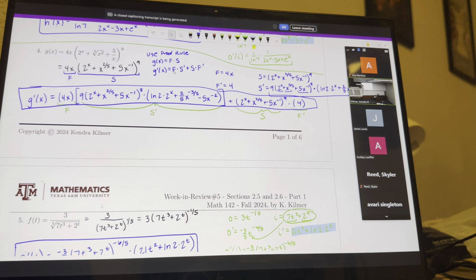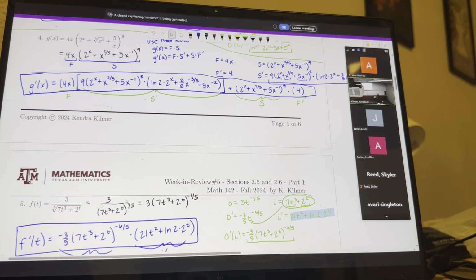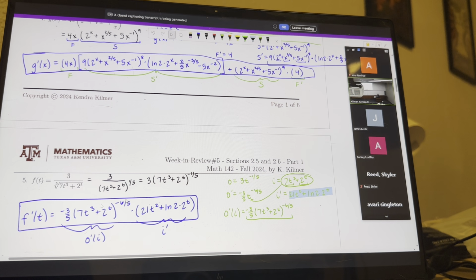We're going to have the first times the derivative of the second plus the second times the derivative of the first. Whereas on number 5, my big picture is I'm just dealing with a composite function. Okay, so the product rule applies before you do the chain rule.